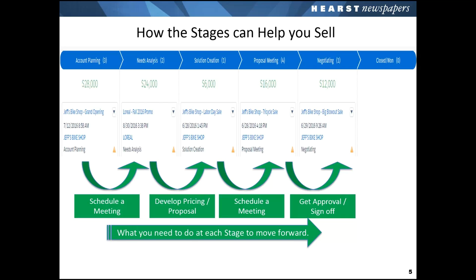So from account planning to needs analysis, schedule a meeting. From needs analysis to solution creation, you're probably developing a proposal. From solution creation to the next stage, scheduling a meeting, and then finally negotiating, getting approval, and final sign-off. So pretty straightforward. You can always take a look at these slides if you ever have any question about where an opportunity should be.